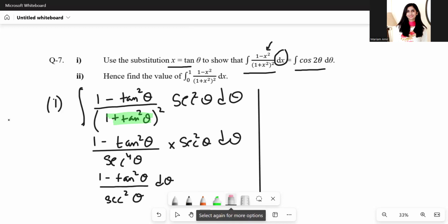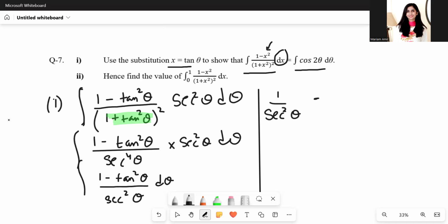Okay. So now we will be splitting the fraction into two parts: 1 over secant square theta minus tan square theta over secant square theta.